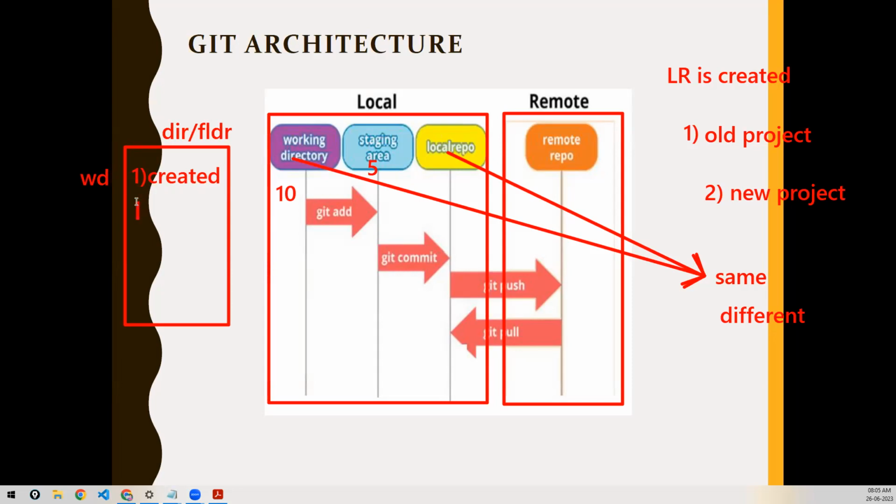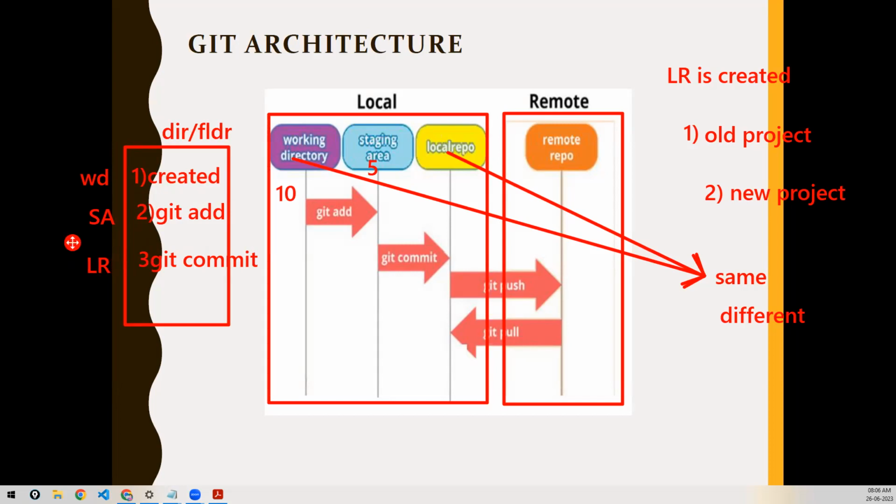Suppose in the same folder, after creating the file, you run the command git add, then you say yes, the file now goes to the staging area. In the same folder, if you run the command git commit, then the same file is said to be in the local repository.